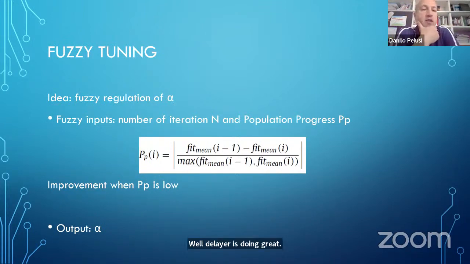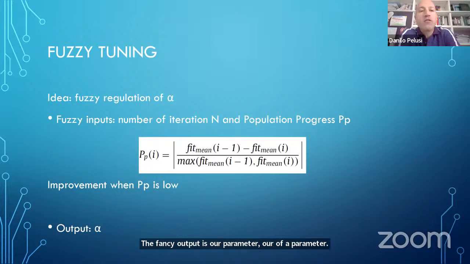Well, the idea is to regulate the parameter alpha, and in order to design a specific fuzzy inference system, we have to choose inputs and outputs, in particular fuzzy inputs and the fuzzy output. The fuzzy output is our alpha parameter, whereas the fuzzy inputs in our case are the number of iterations, referred to with n, and the population progress pt, which is defined by this formula.